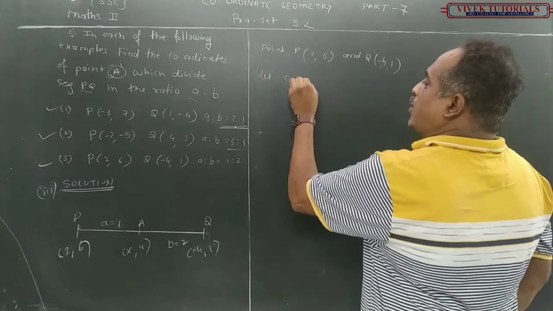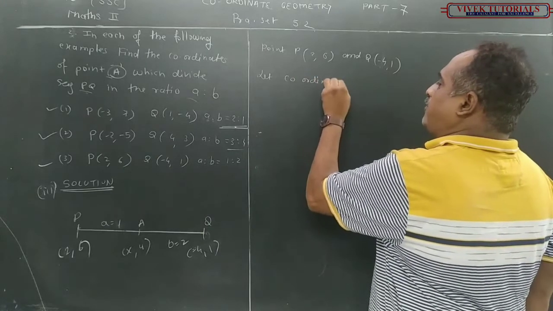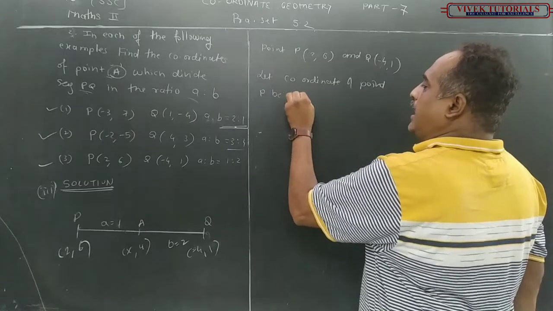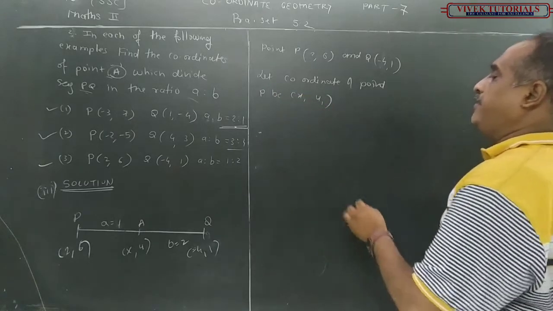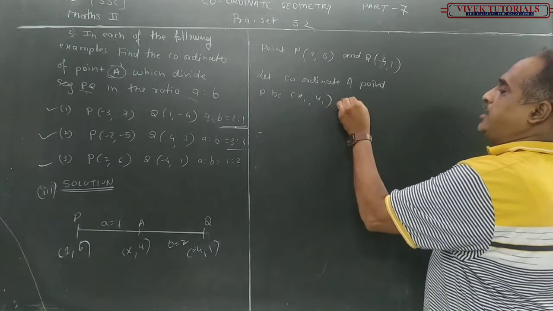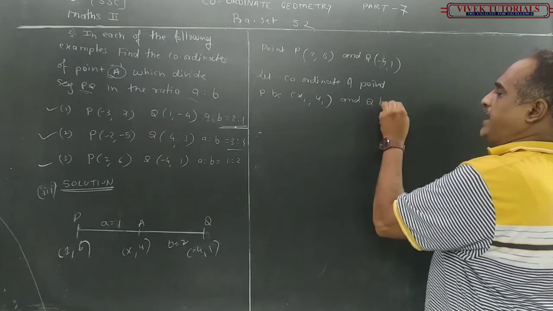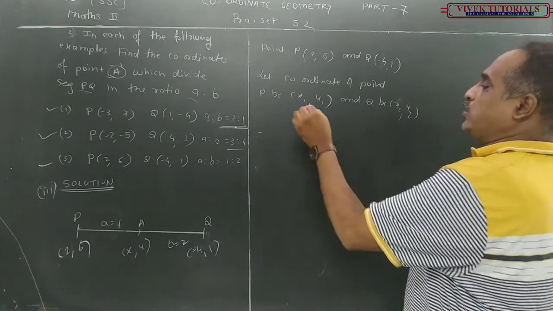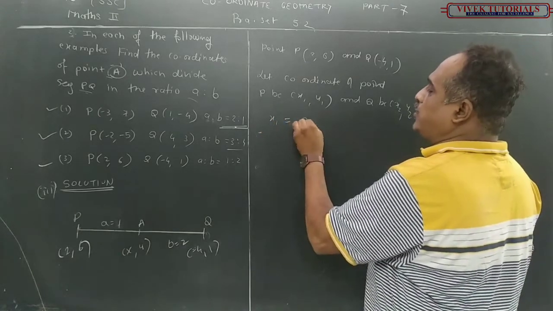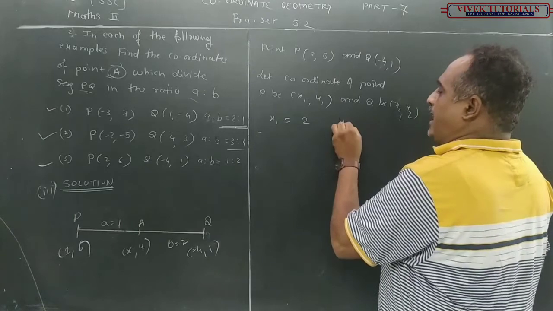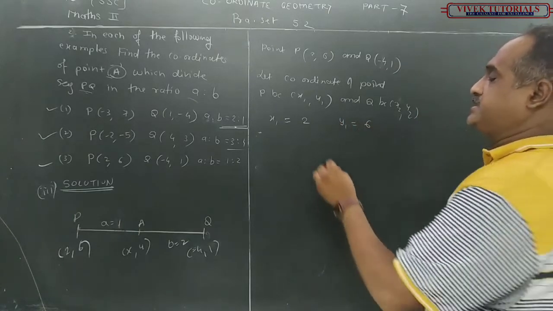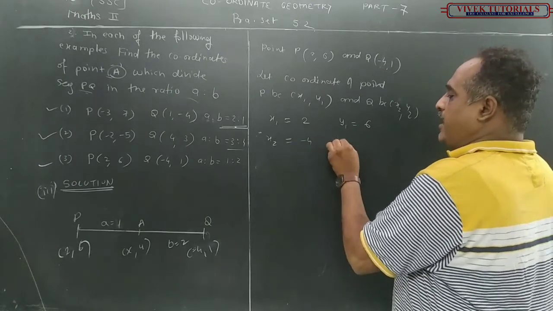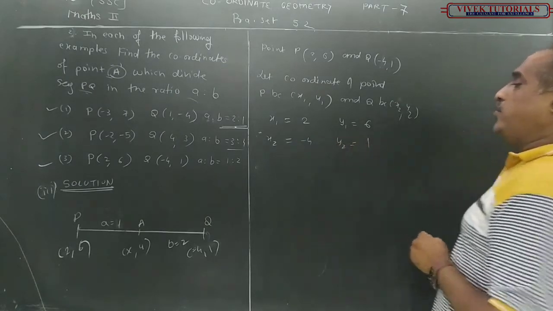Let coordinate of point P be x1, y1 and Q be x2, y2. Okay. So x1 is equal to 2, y1 is equal to 6, x2 is equal to minus 4 and y2 is equal to 1.